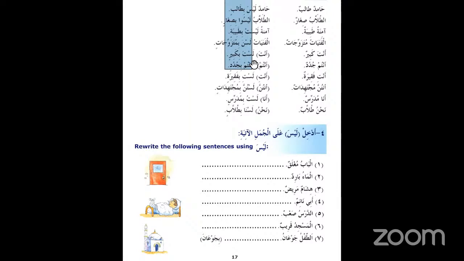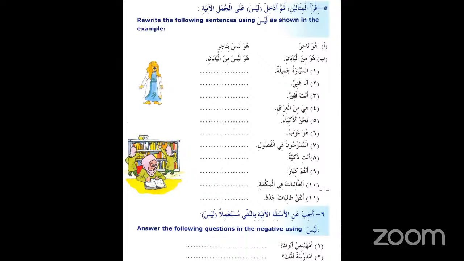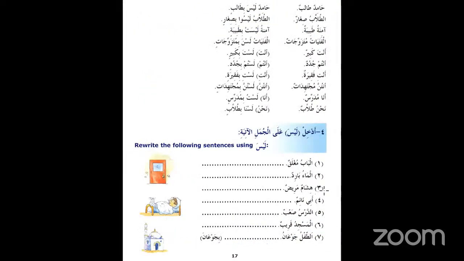Oh, sorry, hungry. الطفل ليس بجوعان. الطفل بجوعانة. Oh, okay, all right. Any noun which ends with alif noon is a diptote. It gets a fatha instead of a kasra.